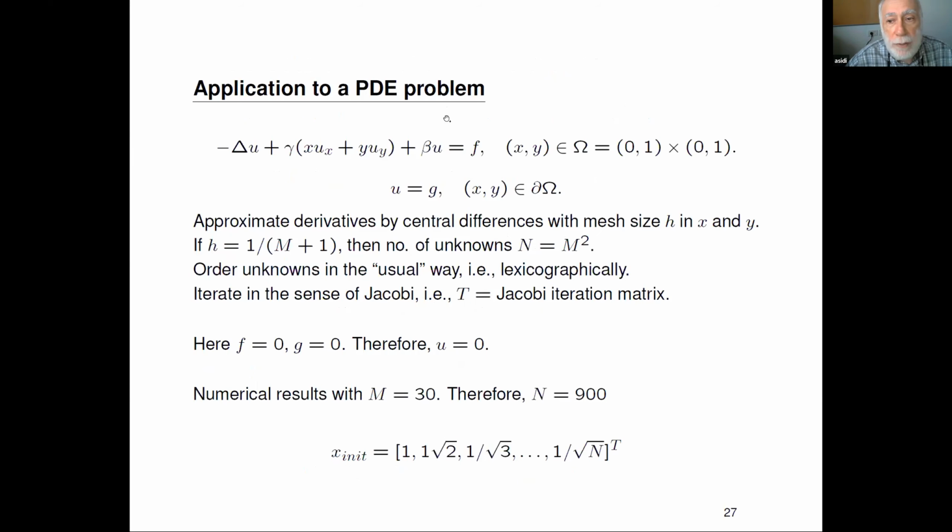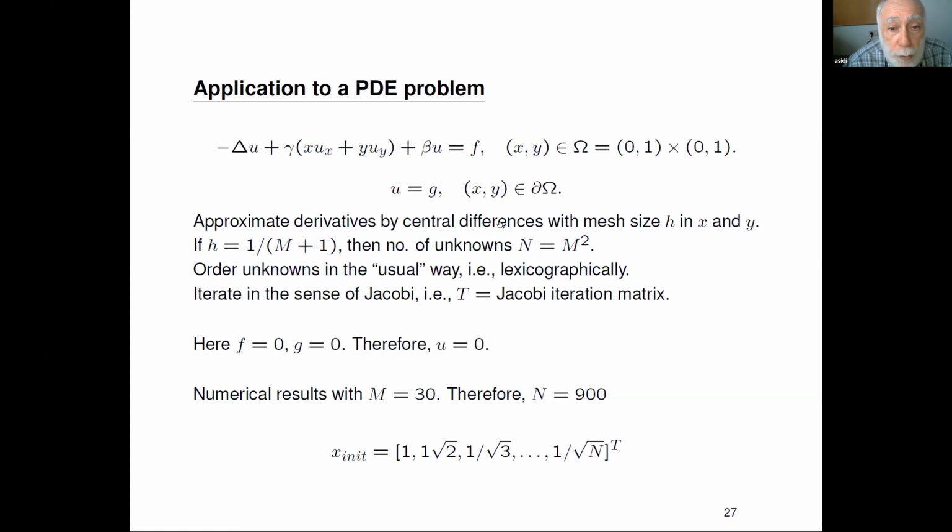And let me show you a few examples. This is an example of a linear partial differential equation, a Dirichlet problem. The delta is the Laplacian, and this is a convection diffusion equation. Here we take f equals 0, g equals 0, so that the solution is equal to 0 everywhere.